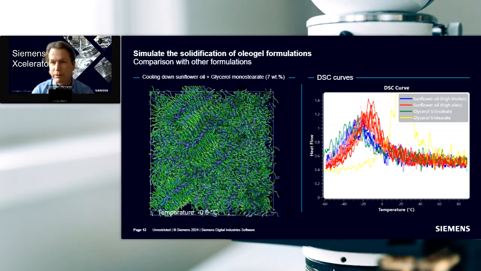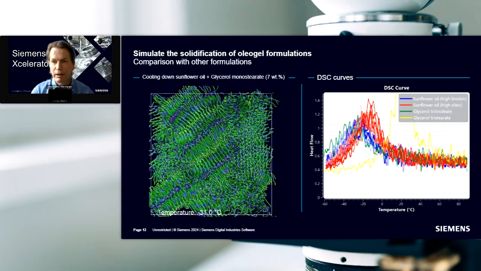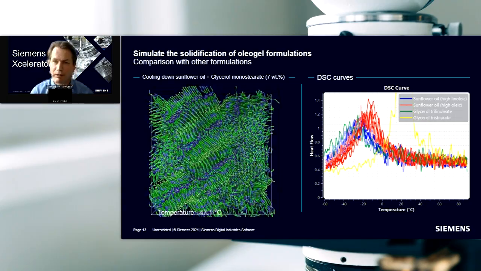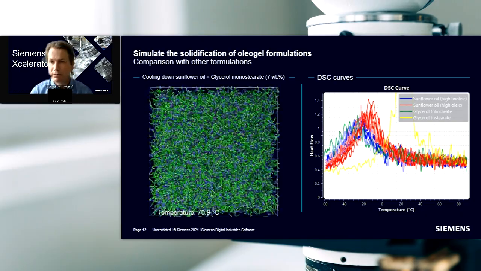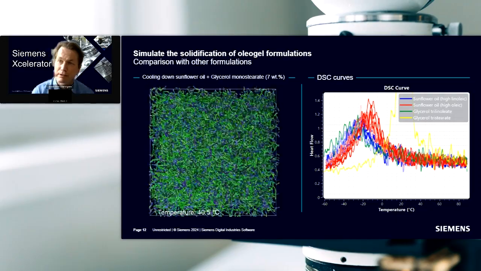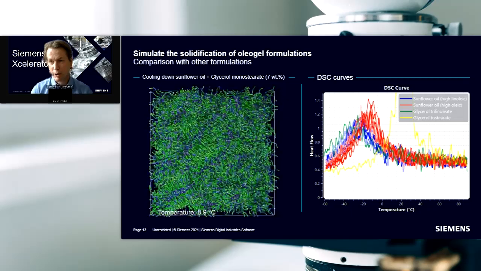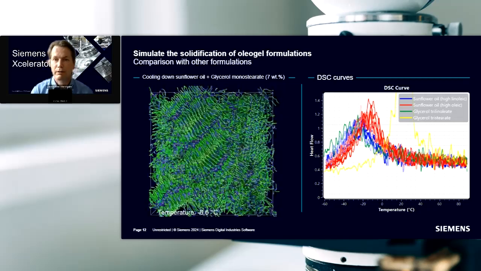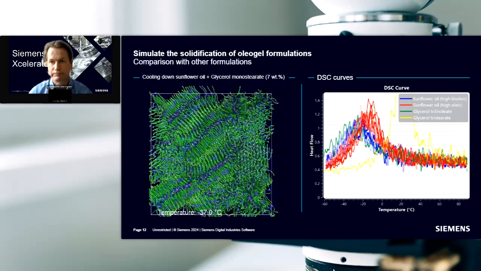From there, we can, for example, calculate DSC curves to understand better the different phases that occur in the system. And thereby, we can also optimize the point where you see the crystallization happening. In this way, we can really follow or optimize the formulation until it has the right properties for a given application.